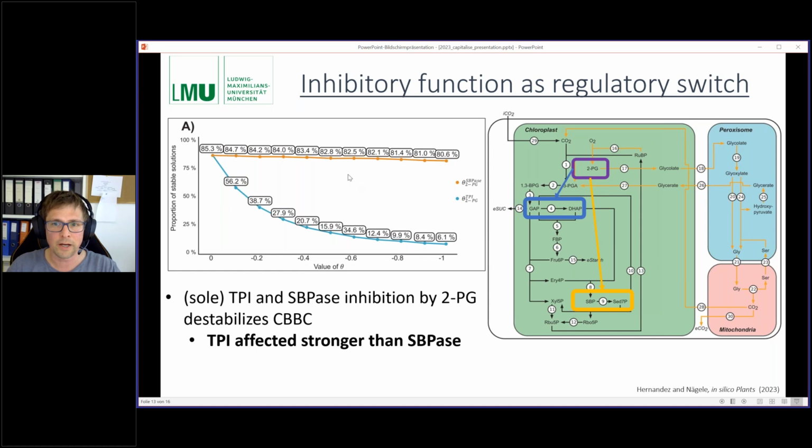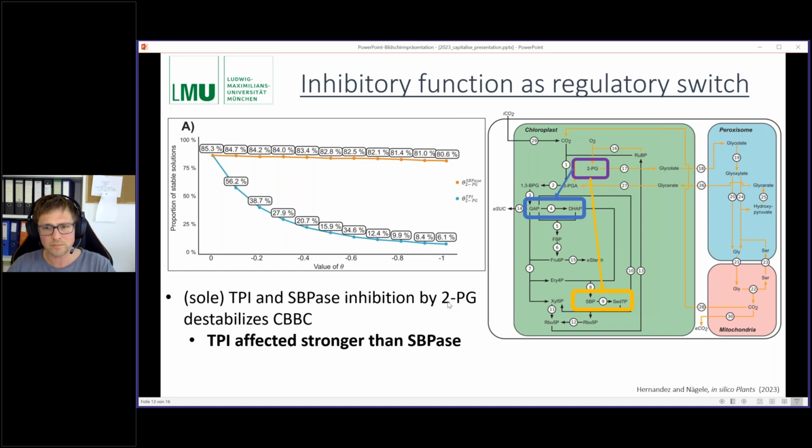So finally, to conclude here on the role of the feedback inhibition of 2PG on metabolism, we further analyzed its role in stabilizing the network by interacting and inhibiting TPI or SBPase. And what we found was that TPI is heavily affected in its role in stabilizing the network.